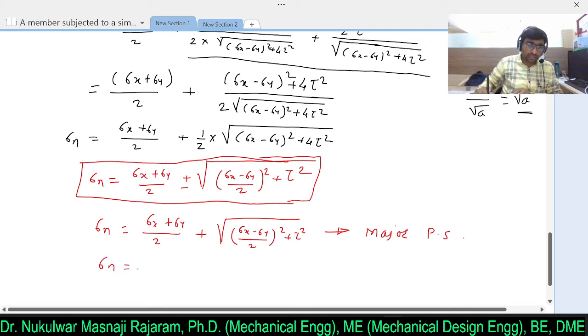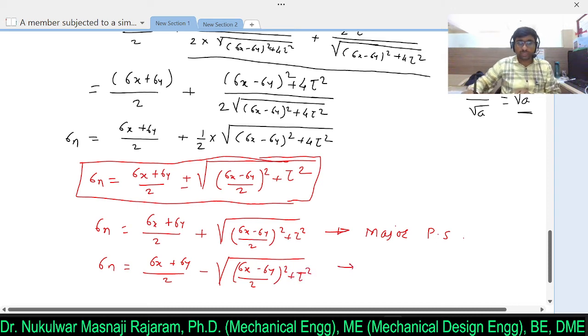Now what about the minor? You just need to consider (sigma x plus sigma y) divided by 2 minus under root of ((sigma x minus sigma y) divided by 2) whole square plus tau square. So this will become the minor principal stress.